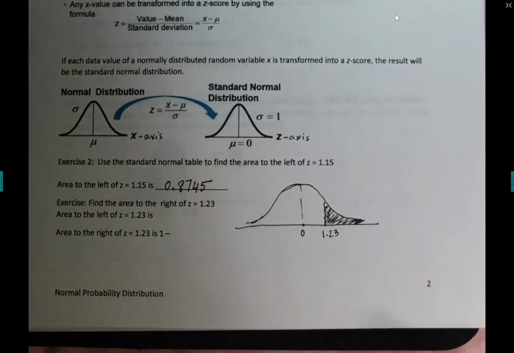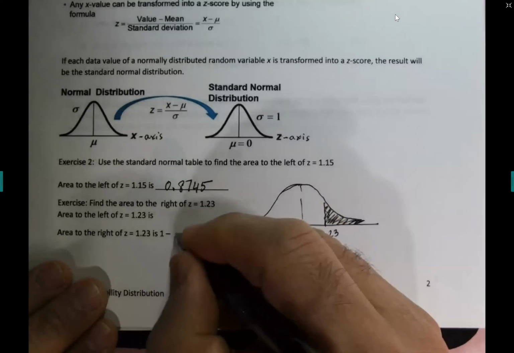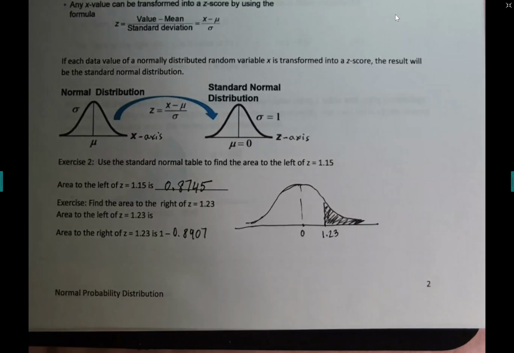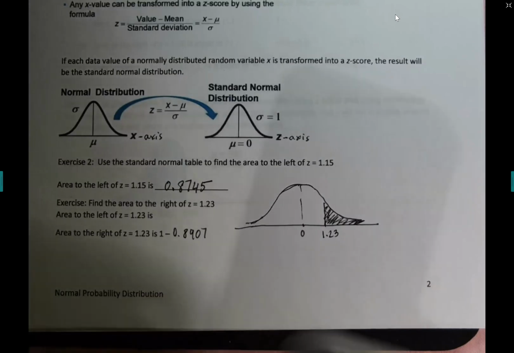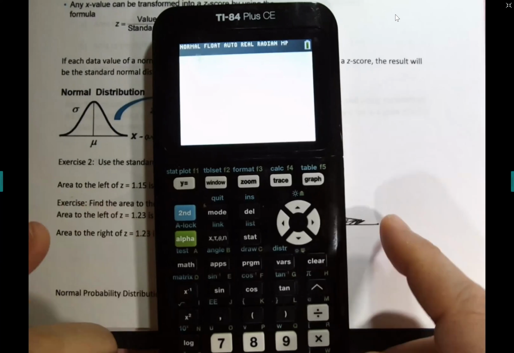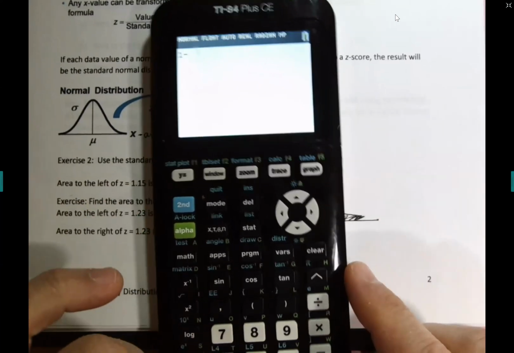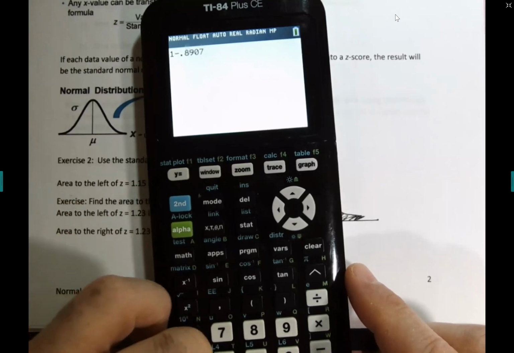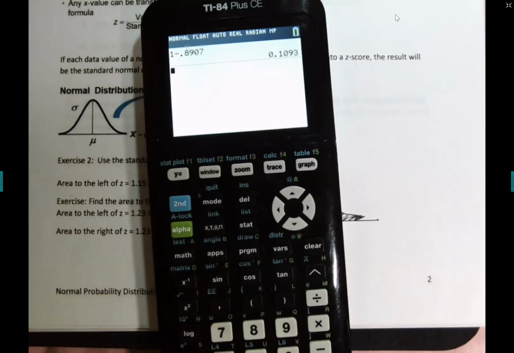So it's going to be 1 minus 0.8907, and you do the subtraction. All right. So this is for areas to the right. And the answer will always be 1 minus 0.8907. Enter. All right.